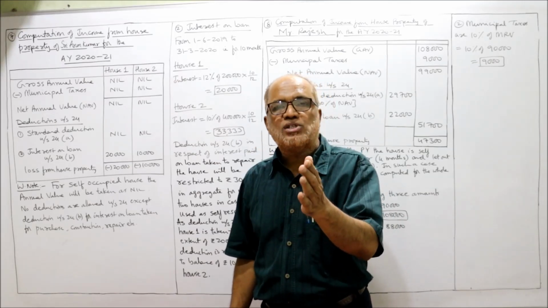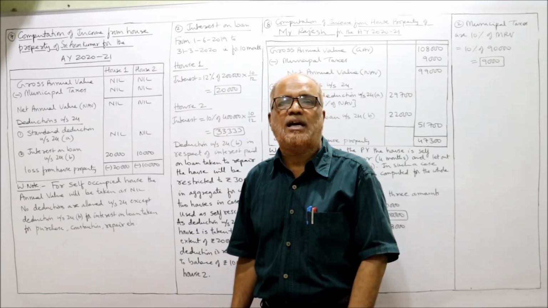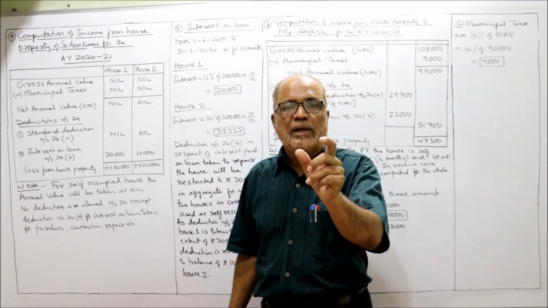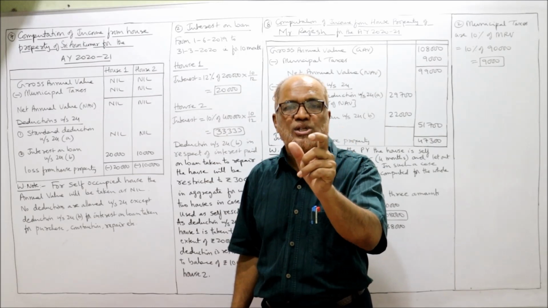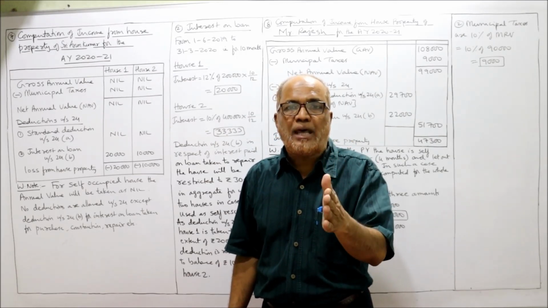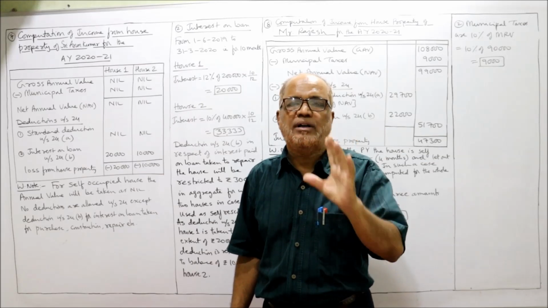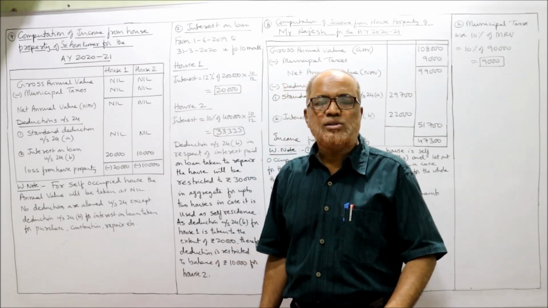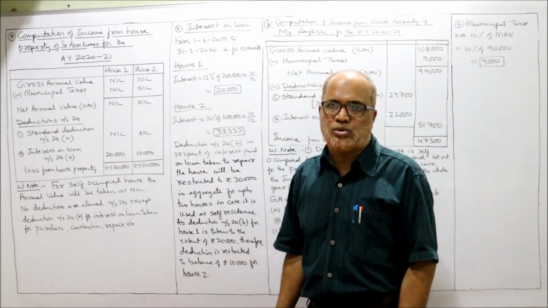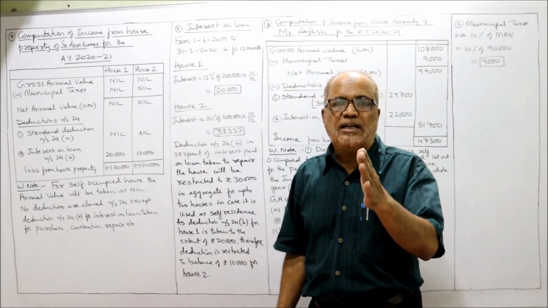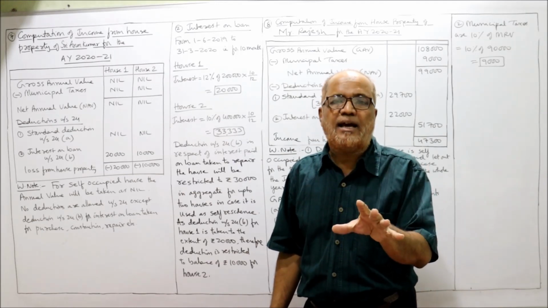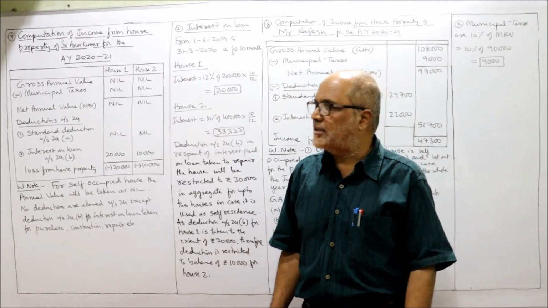And if the loan is taken after 1/4/1999, the maximum limit is 2 lakh. But that 2 lakh limit is there only for purchase or construction. If the loan is taken for repair purpose, the maximum limit is 30,000. 30,000 is the aggregate limit for all the houses, for both the houses. Not 30,000 on each house, but combined together the aggregate deduction will be up to 30,000.